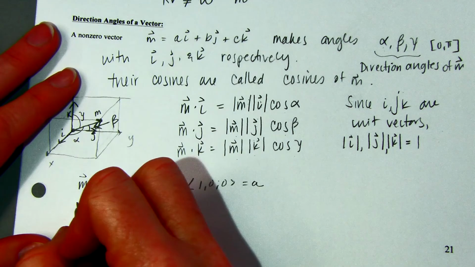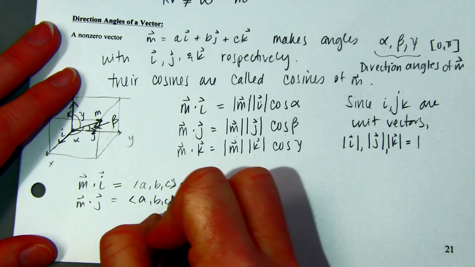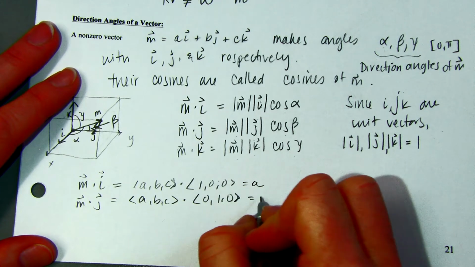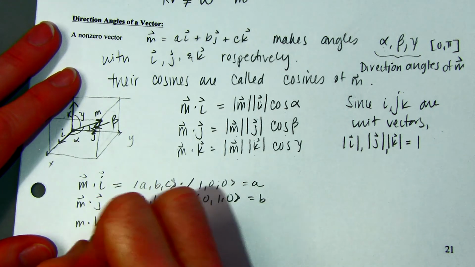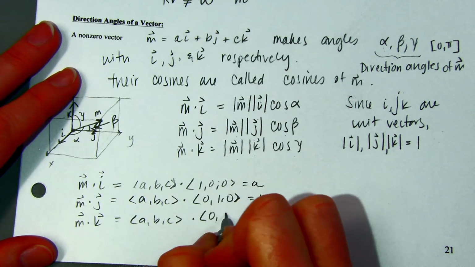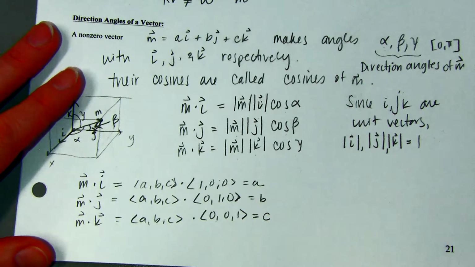What's the dot product of m times j if I have a, b, c times 0, 1, 0? b. And m times k, if I have a, b, c times 0, 0, 1, I get c.